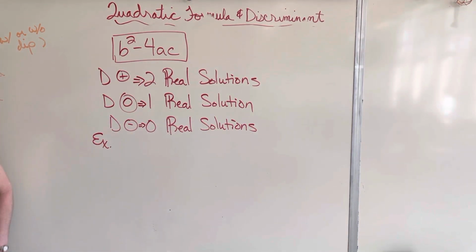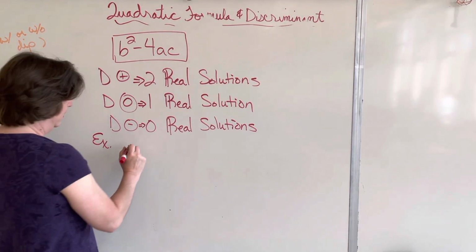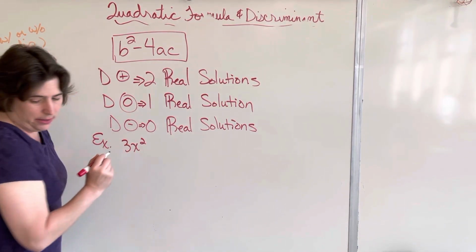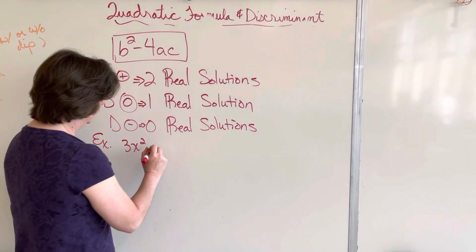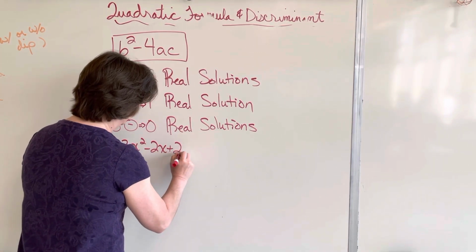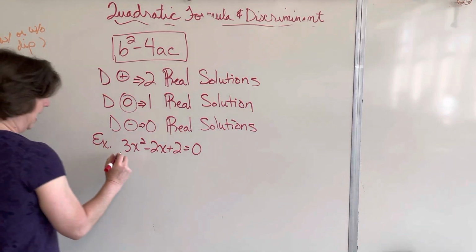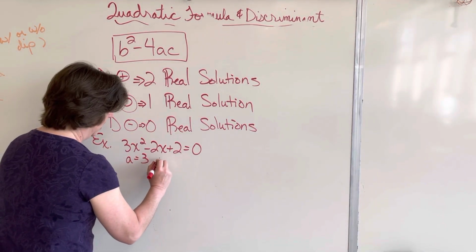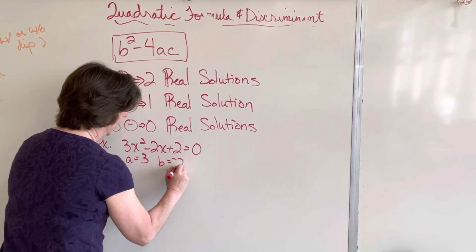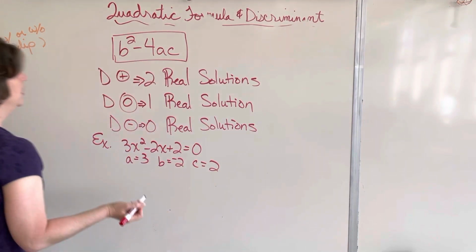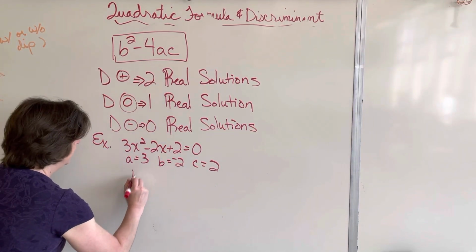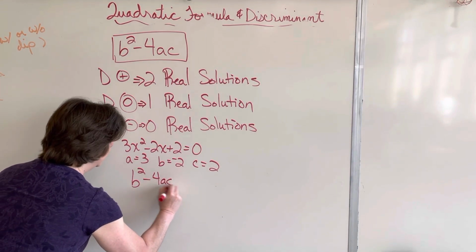So for example, if I have 3x squared minus 2x plus 2 equals 0. Once again, a is 3, b is, sign goes with the number, negative 2, c is 2. I'm just doing the discriminant, so b squared minus 4ac.